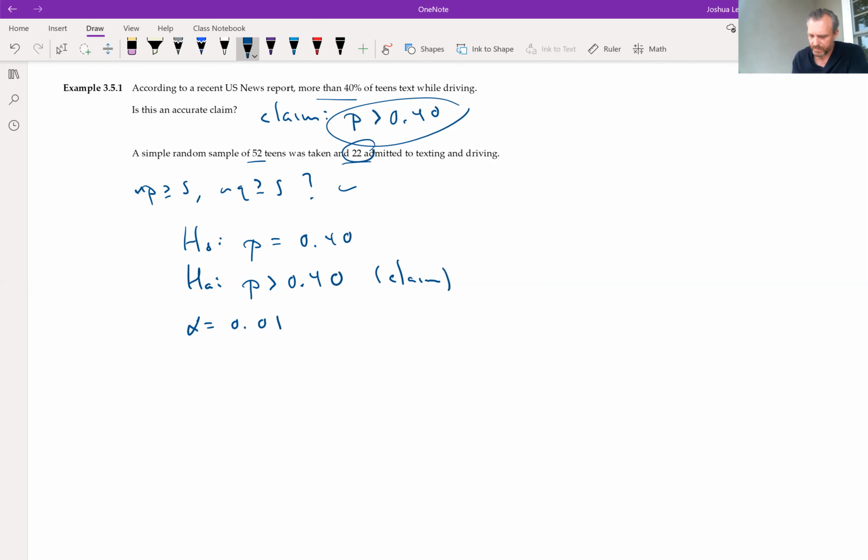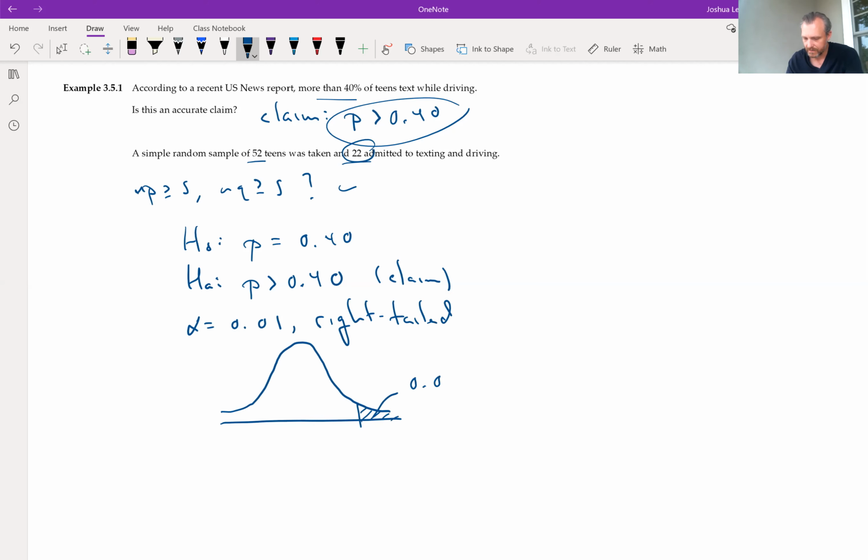So we have alpha is 0.01, and this is right-tailed. Okay, right-tailed. So what I want to do is place my critical Z value in the right spot. My alpha is 0.01, and this is right-tailed. That means there is an area of 0.01 in that right tail.